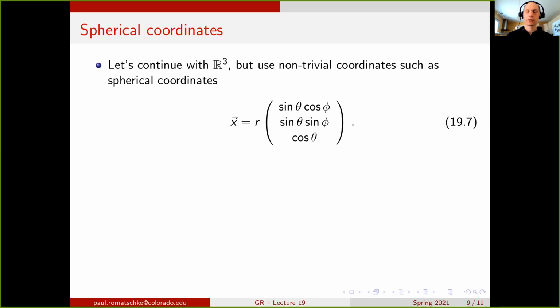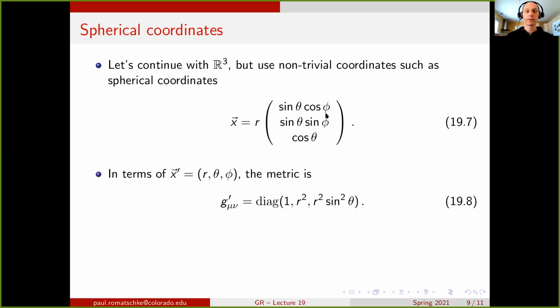Let's continue with R3, but instead of using Euclidean coordinates, let's do a non-trivial example where we use spherical coordinates. So our x, y, and z are defined in terms of the spherical coordinates r, theta, and phi.